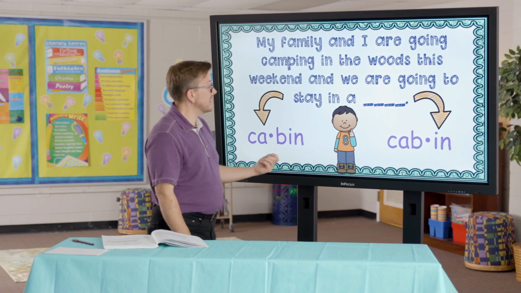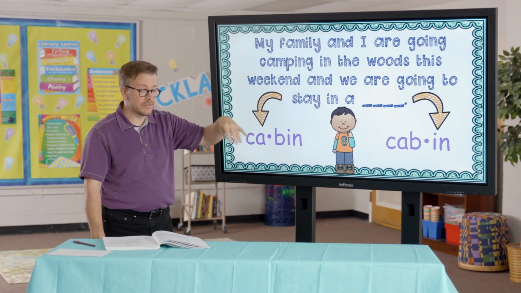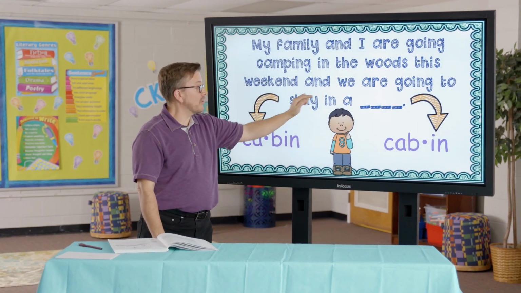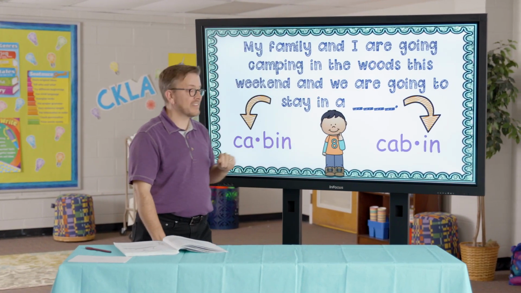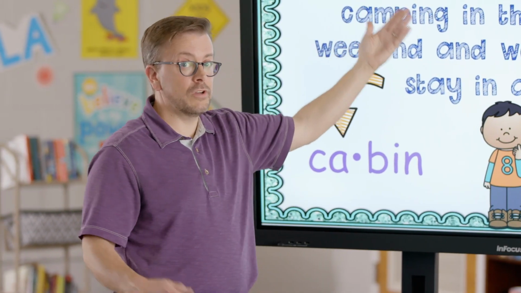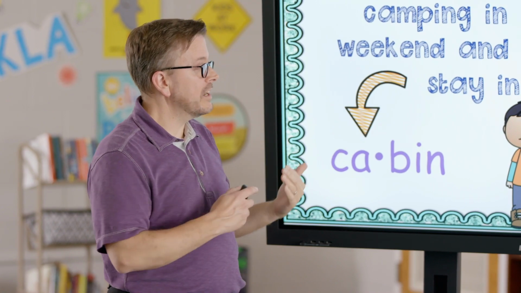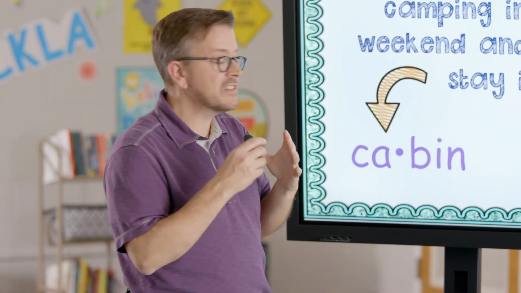So now go back to your sentence and think, my family and I are going camping in the woods this weekend, and we are going to stay in a cabin. Exactly. So think about it. Does cabin make sense with camping in the woods, right? So when we look at words and we're thinking about how do we divide this, where does this tricky A go?